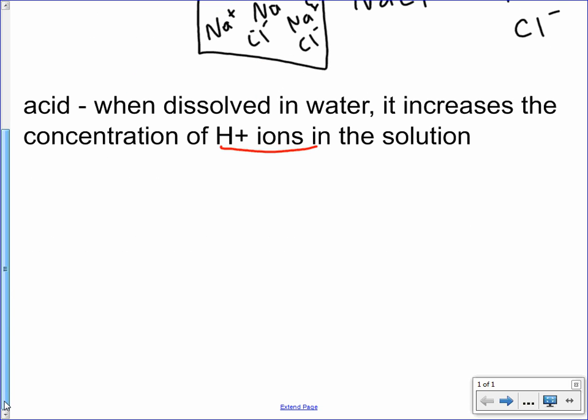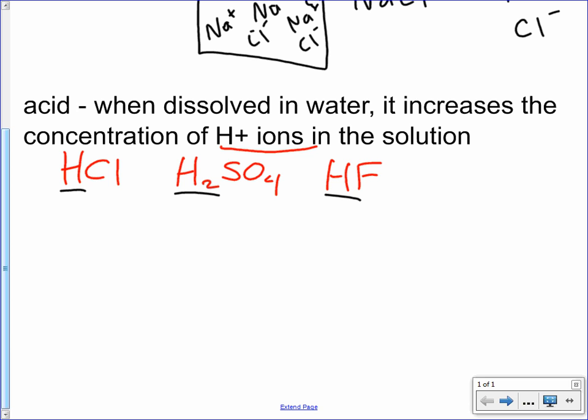Some examples of acids: hydrochloric acid, sulfuric acid, hydrofluoric acid. We could go on and on. But basically what they all have in common is hydrogen. The cation in those compounds, the positive ion, is hydrogen.